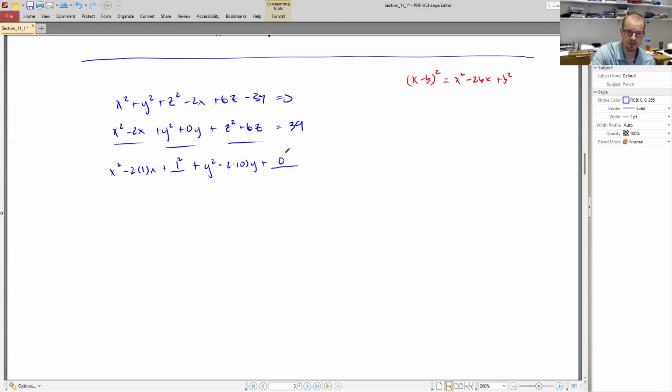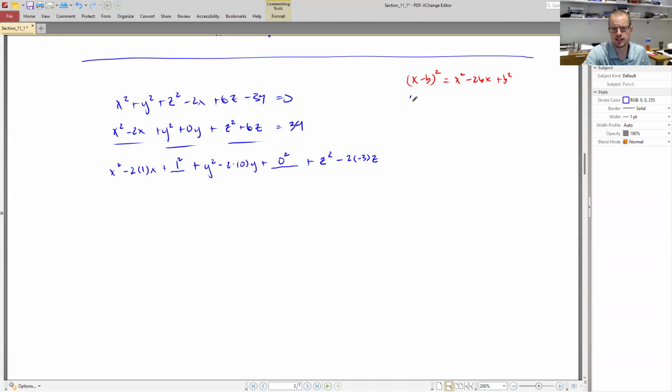So add the b value squared. Excellent. And z squared. Now I'd like to have it be minus. So I'm going to write this as minus 2 times a negative 3 times z. 2 times a negative 3 gives me a negative 6. When I subtract the negative 6, I get that positive 6.